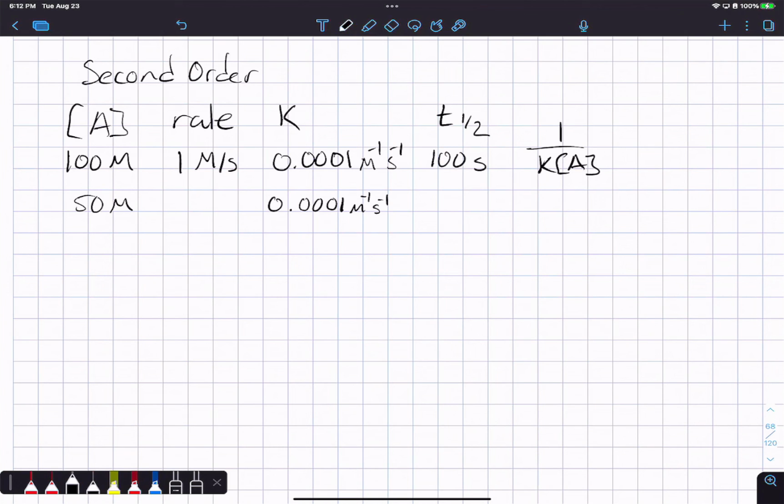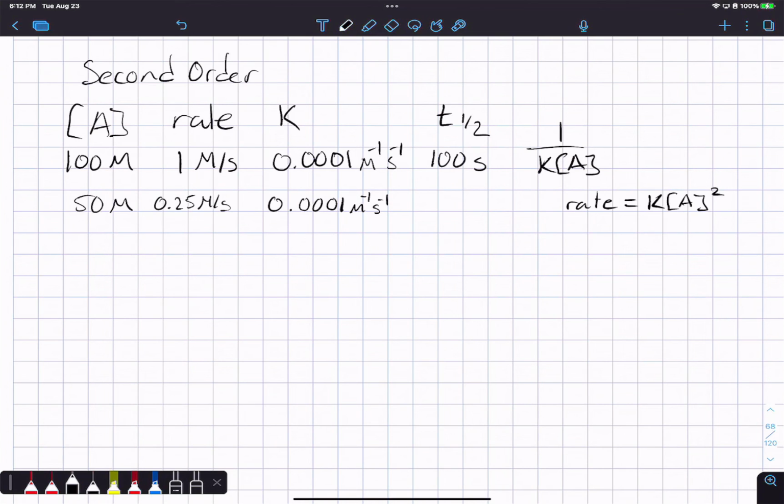What's the equation for the rate? K times concentration of A squared. So it's going to be 50 squared times 0.0001. So now our rate is 0.25 molar per second.